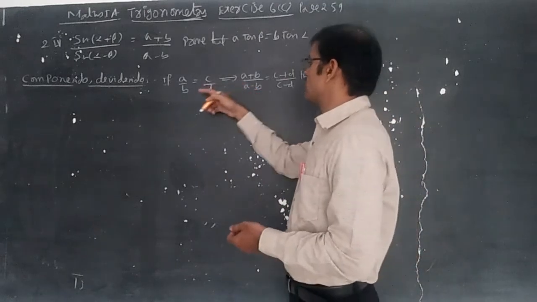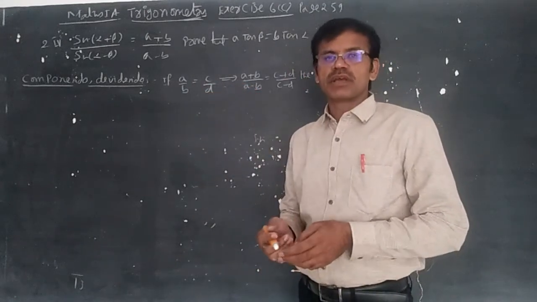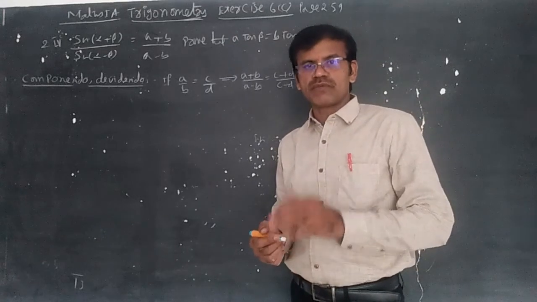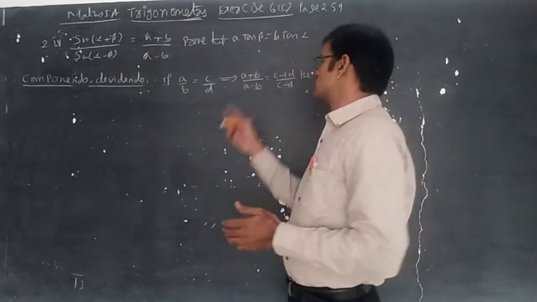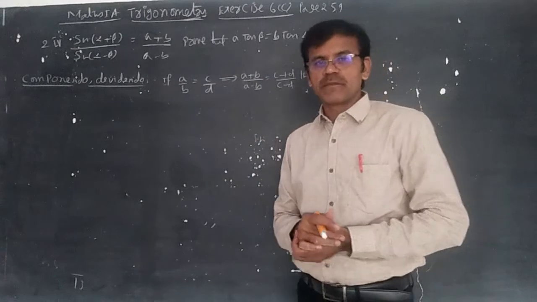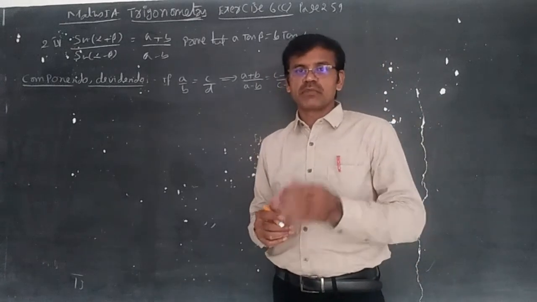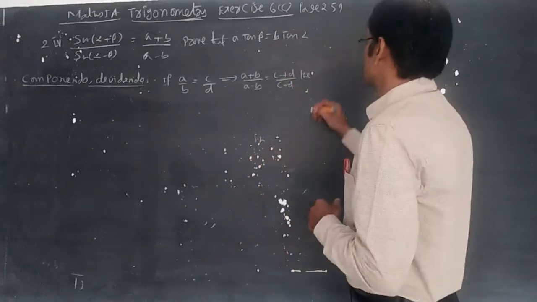So the summation of numerator and denominator by the difference of numerator and denominator of the first ratio is equal to the summation of numerator and denominator by the difference of numerator and denominator of the second ratio. That's all.